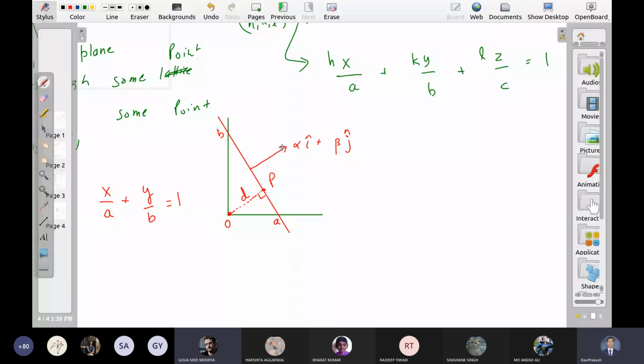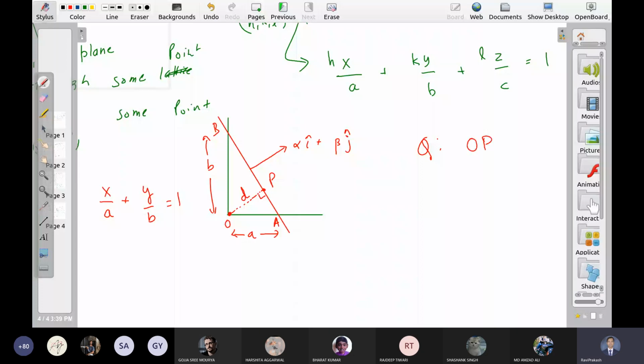No. Okay, so first of all, let me use the correct wording. This is point A, this is point B. This length is a, this length is b. And the question here is, OP is equal to how much?